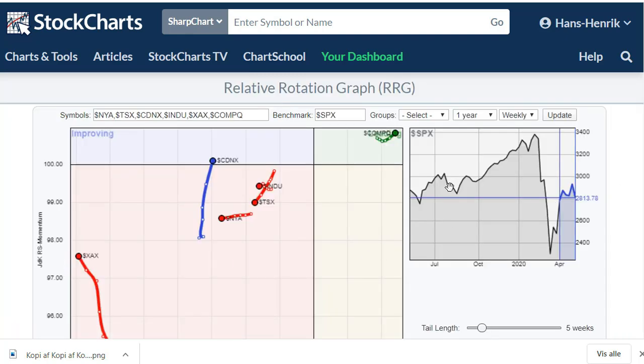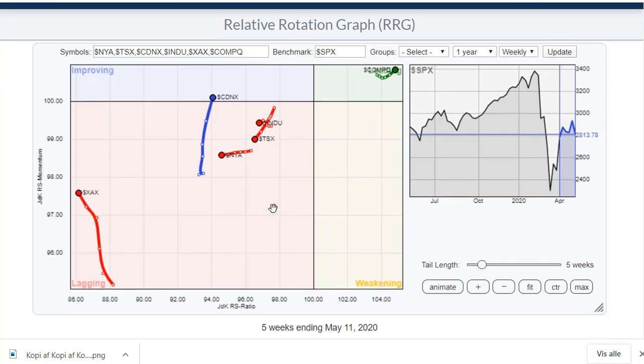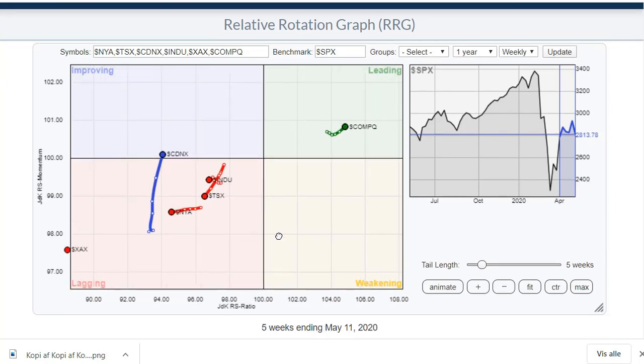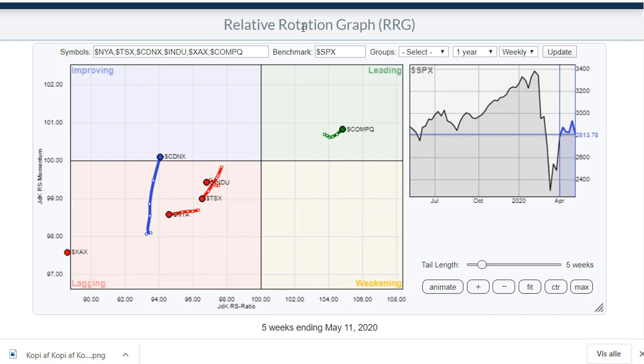Let me just show you here, and we have it here. RRG stands for Relative Rotation Graph, and it is actually a bit the same as what I usually do when I'm looking at comparative relative strength, where I'm looking at if a stock is doing better or worse compared to, for instance, the index.